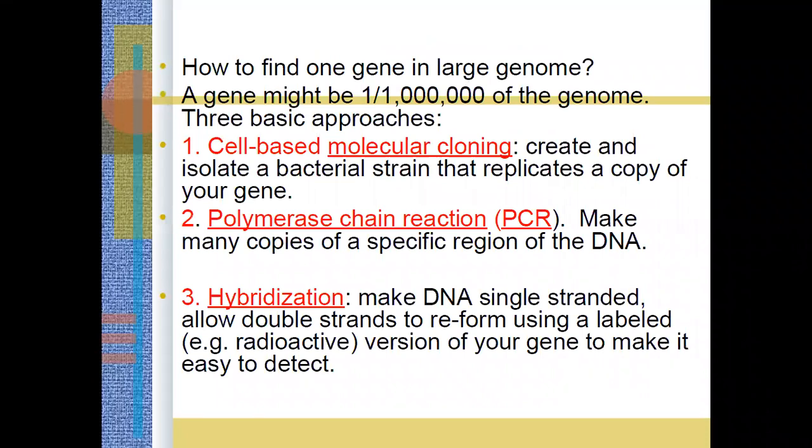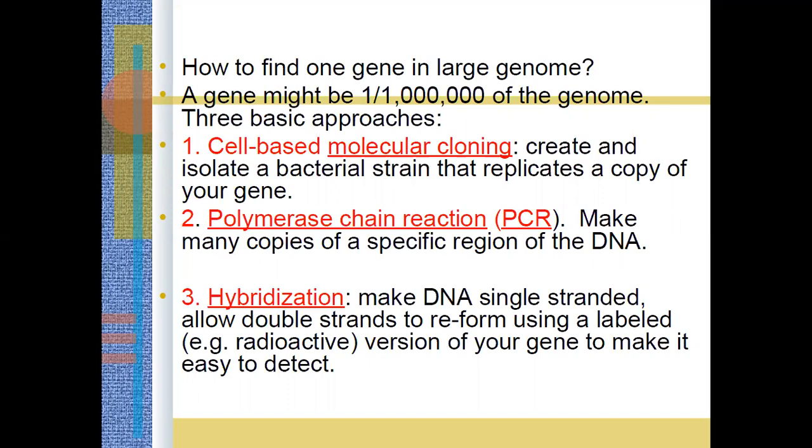Now, how will we find one gene in a large genome? We know that the genome is very large, so how would a single gene be identified in it? There are various approaches, and there are three basic ones. First is cell-based molecular cloning. Here, a bacterial strain is created and isolated that replicates a copy of your gene.